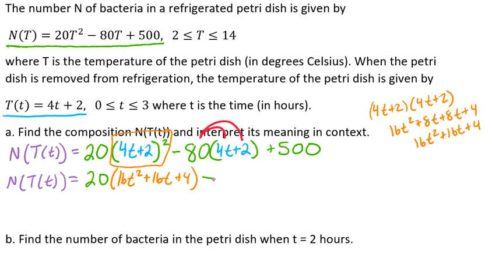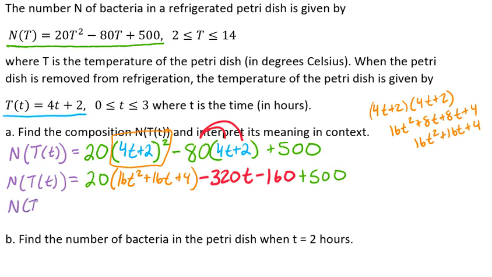So negative 80 times 4t is going to be a negative 320t, and negative 80 times 2 is going to be a negative 160. And then we have our plus 500.